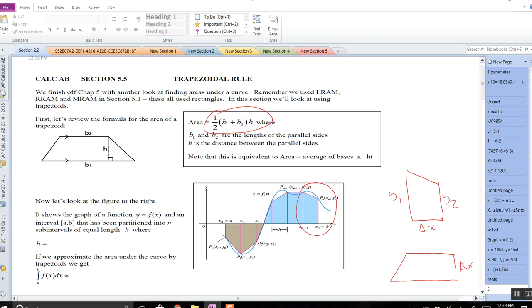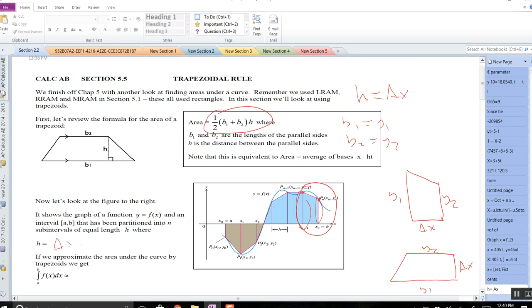Your height is delta x, and your bases are y1 and y2, because the y coordinate at these points on the curve represents the length of each of the two parallel sides of the trapezoid. It's a reverse way of thinking about it: h is like delta x, and B1 and B2 are like y1 and y2.